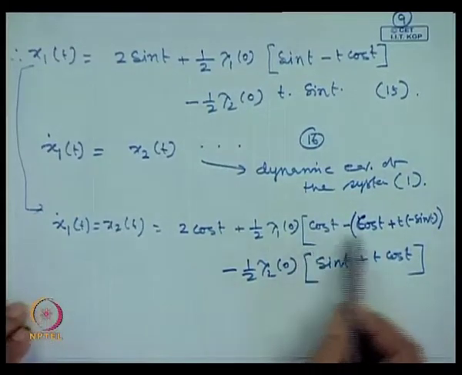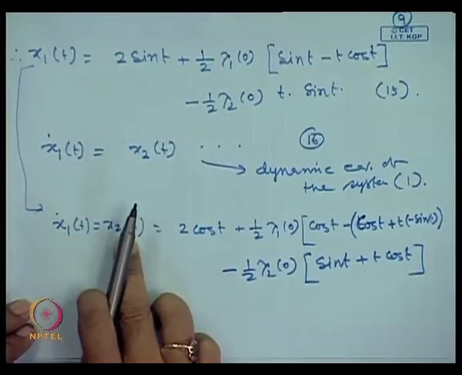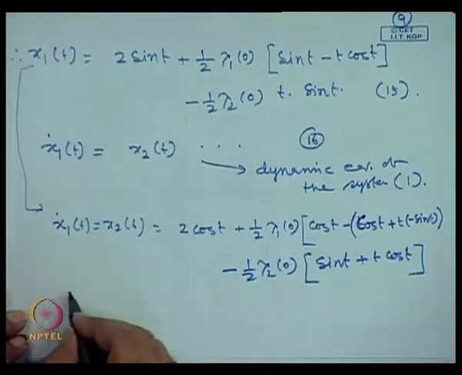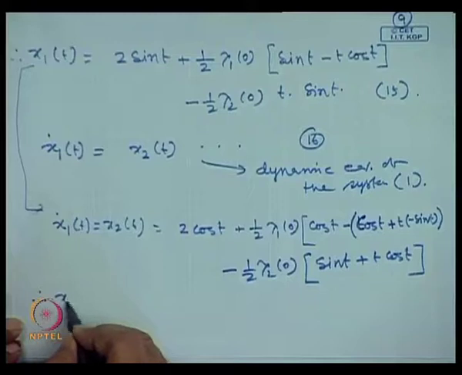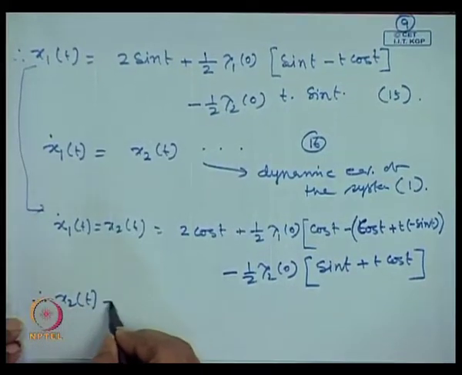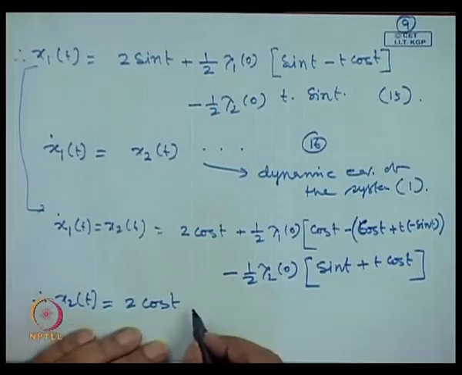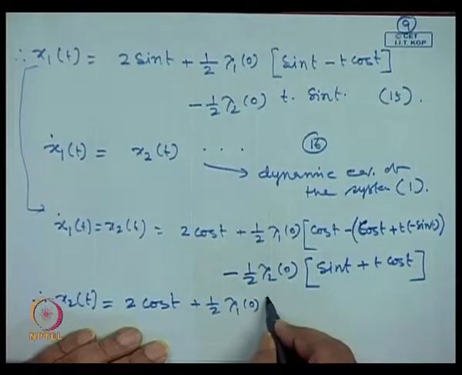Agree? Just I have differentiated this, and that is nothing but our x2. So our x2 expression is twice cos t plus half lambda 1 of 0.